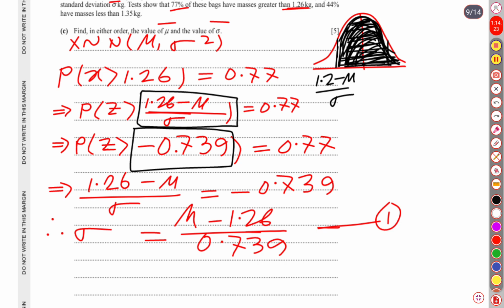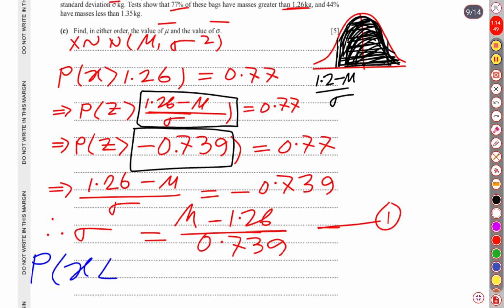Okay, so the next part says 44% have mass less than 1.35. So x less than 1.35, while the probability is 44%, which means 0.44. Let me change the color of the ink.